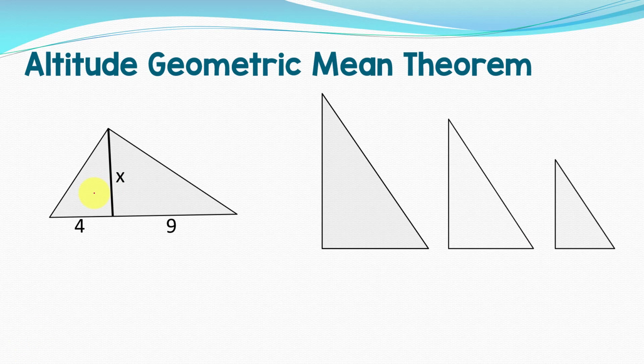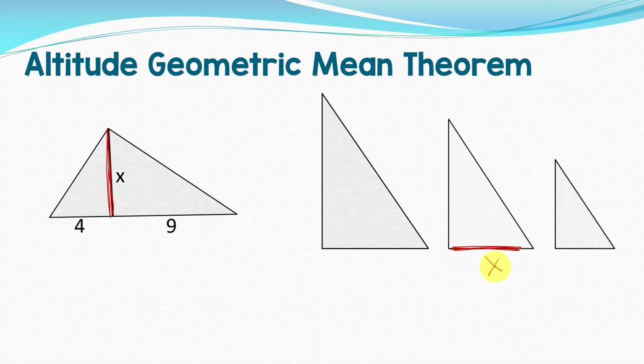So if I have this altitude of x and 4 and 9, and I want to figure out what x is, I'm going to show you how we do it by looking at the 3 similar triangles. So this side x right here is the bottom of the medium-sized triangle.